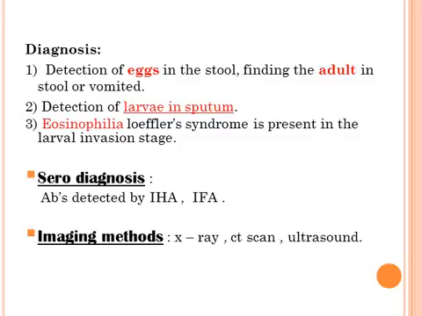Other tests include serological diagnosis, antibody detection by indirect hemagglutination or IFAT test, or imaging methods, X-ray, CT scan or ultrasound, to detect the adult or the larva stage.